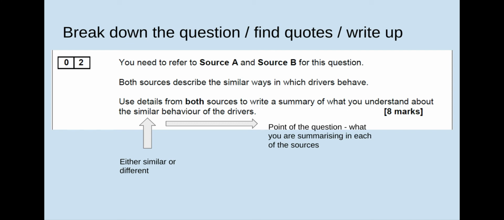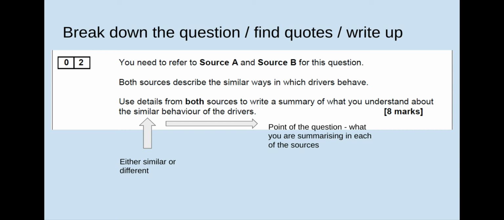If you do not compare, your mark will be held back to a maximum of 3 out of 8 for it. Both sources will have, in the middle section there, an indicator of what the subject is about. So in this case, the similar ways in which drivers behave, and it's always the end of the question that we are looking for to make our summary about.